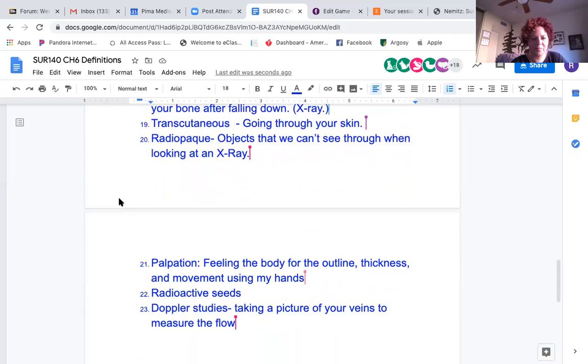Yep. And then our last one, palpation. Feeling the body for the outline, thickness, and movement using my hands. Yes, ma'am. Very good. Awesome.